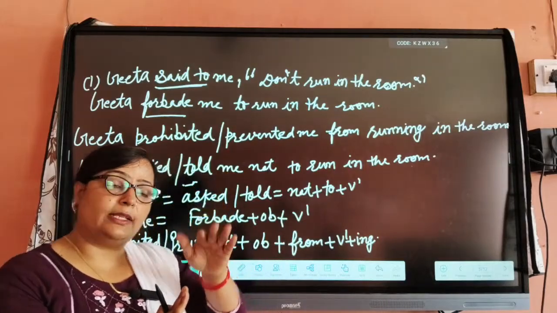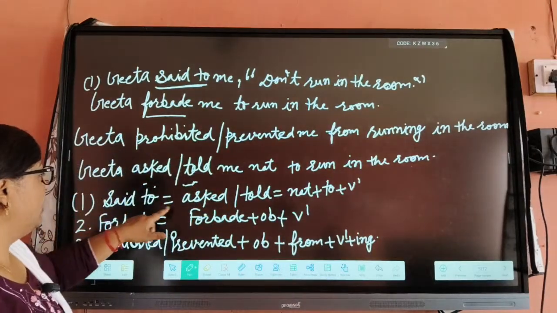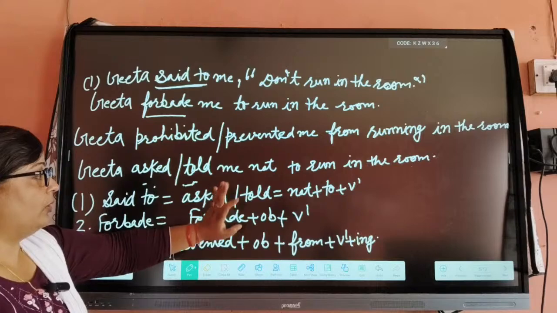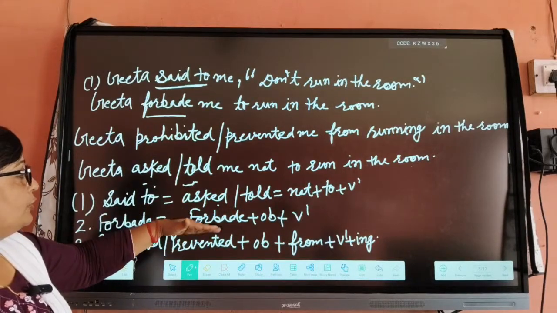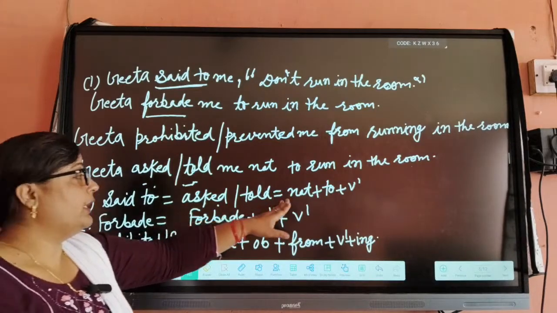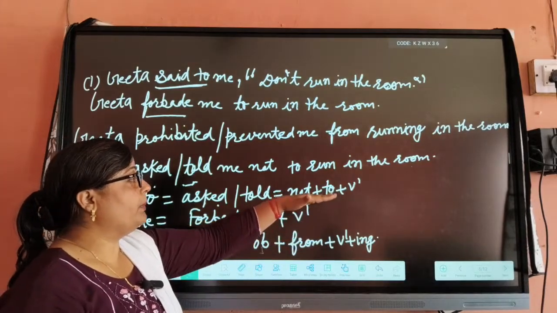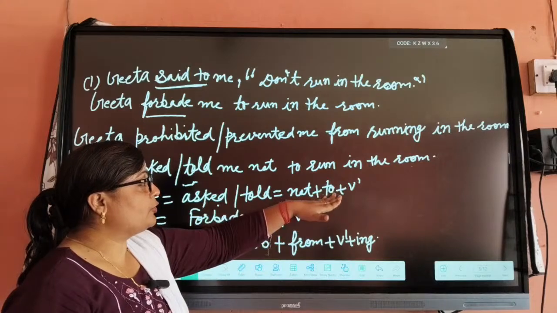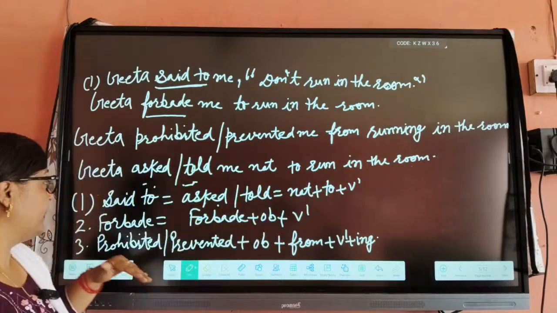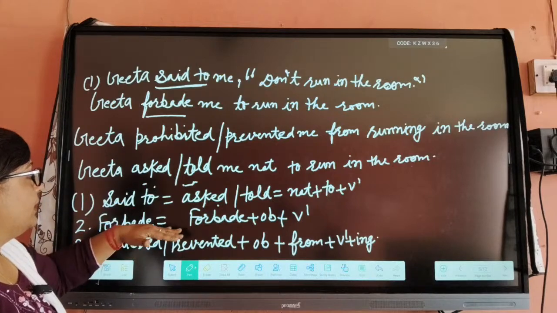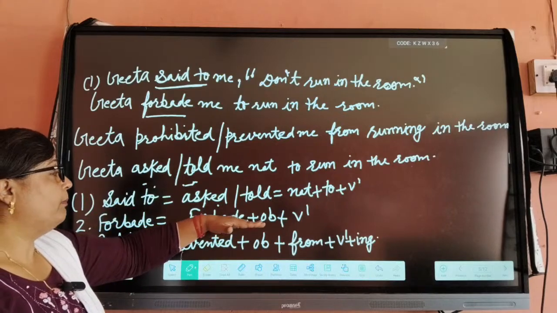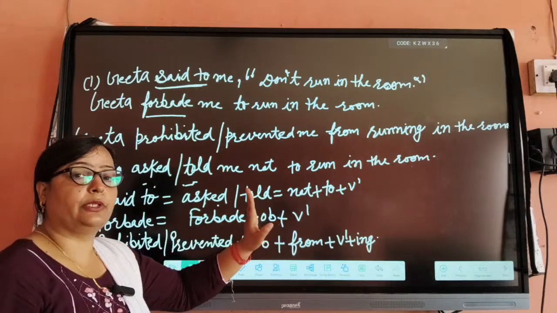First of all, we can change our "said to" into "asked" or "told", and then we will use not plus to plus verb first form. Or if we change our "said to" into "forbid", then we will use forbid plus object plus verb first form.